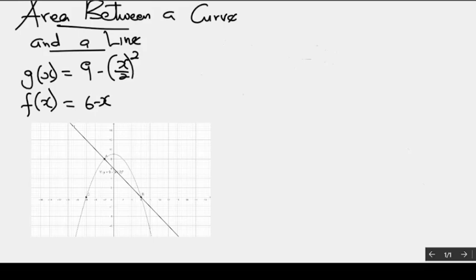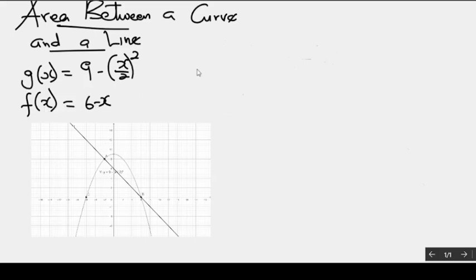In this tutorial, we are going to look at how to find the area between a curve and a line. Given the equation of the curve as g of x equals 9 minus (x on 2) all squared, and the equation of a line as f of x equals 6 minus x.